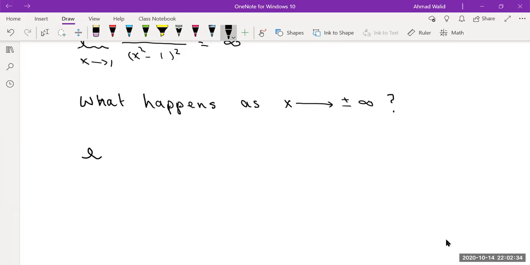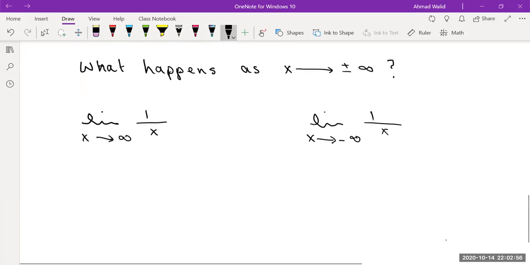Let me write two examples. The limit of 1 over x as x approaches positive infinity, and the limit of 1 over x as x approaches negative infinity. Let's solve these two examples.